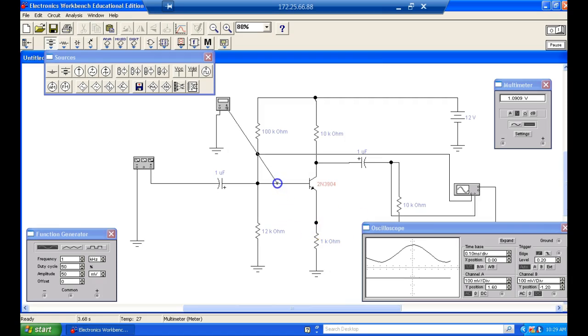It's not shorted, because right here we're measuring 1.3 volts. And if it was shorted right here, we would measure 1.3 volts. But everything's measuring okay.